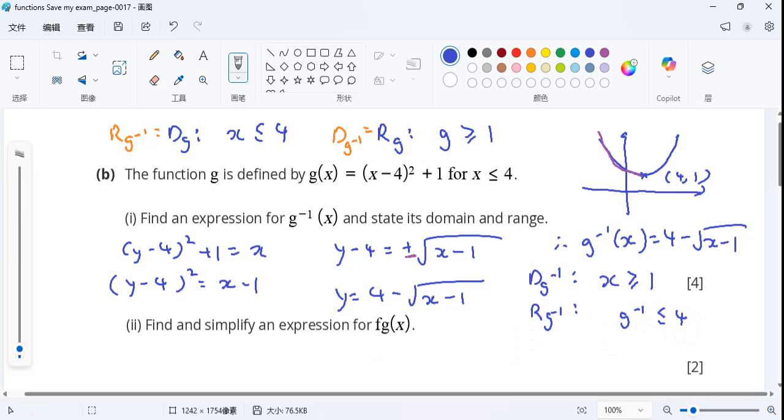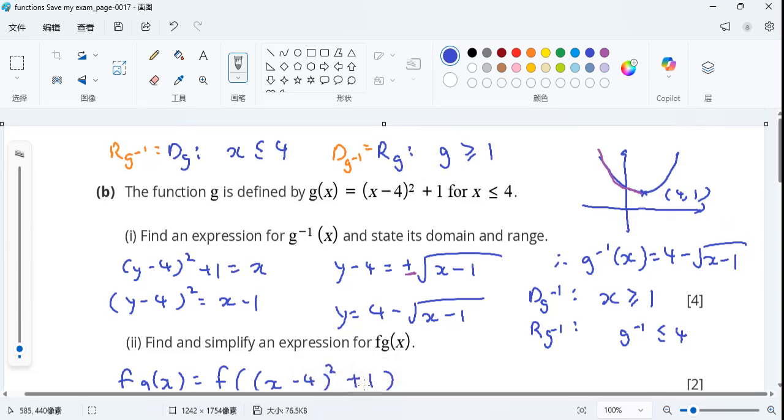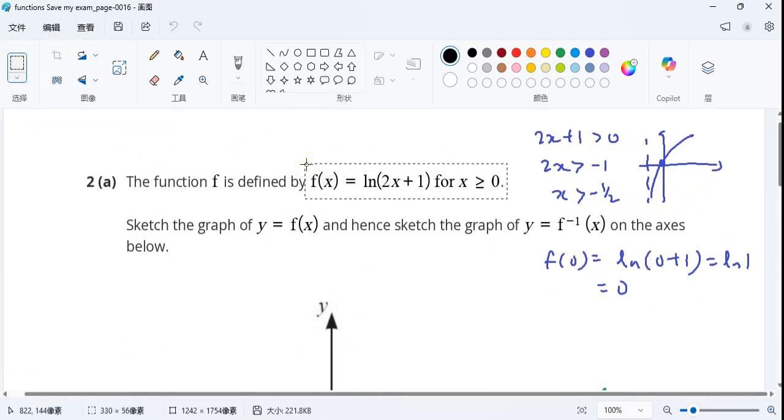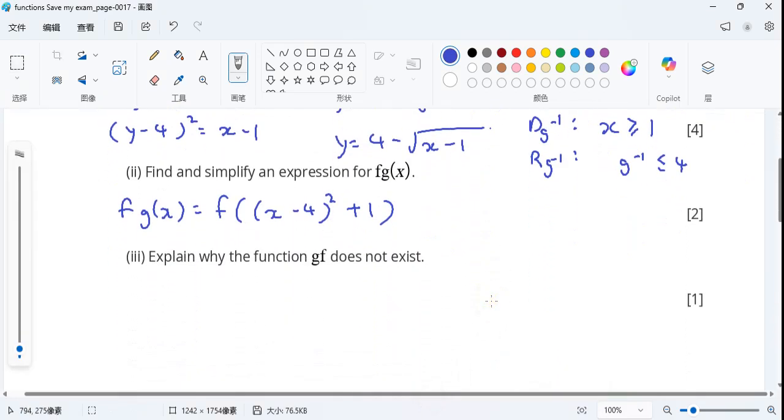Okay, and find and simplify an expression for fg(x). So fg(x) means inside f, put in g(x), (x - 4)^2 + 1. What is f(x)? f(x) is ln(2x + 1).